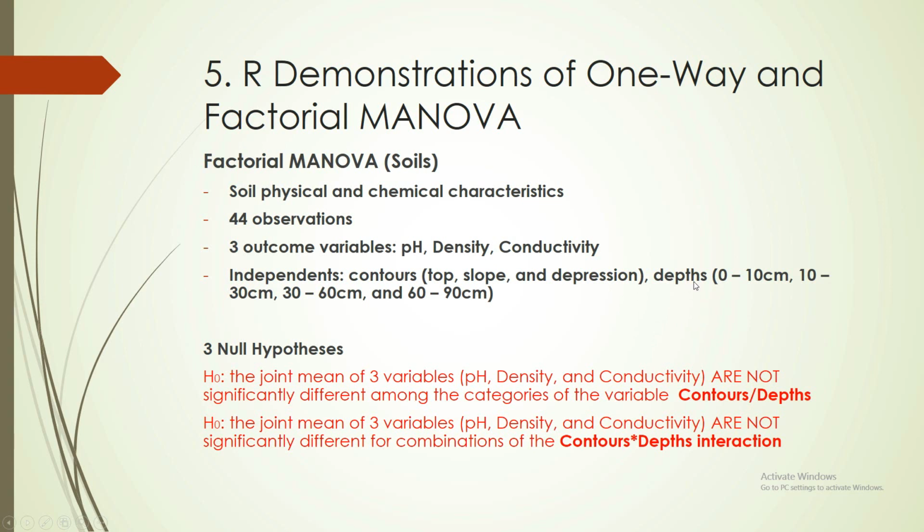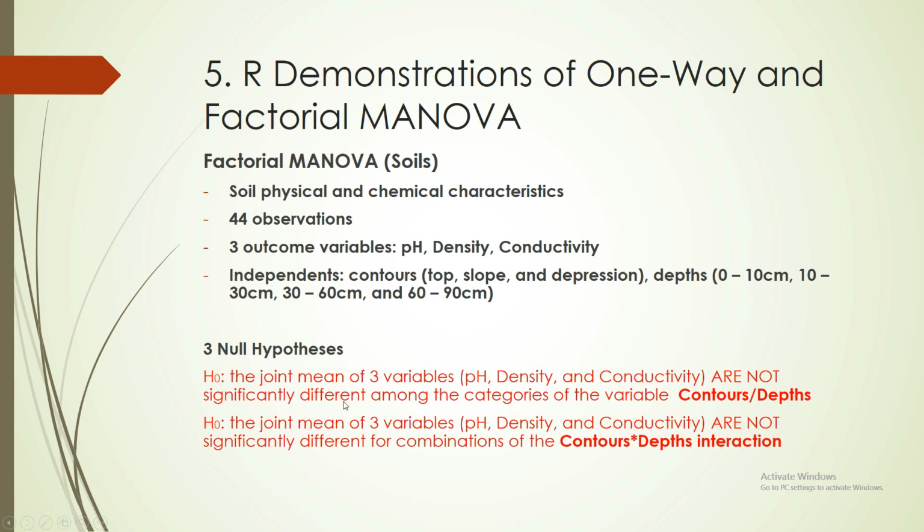For depth, we have the categories 0 to 10 centimeters, 10 to 30 centimeters, 30 to 60 centimeters, and 60 to 90 centimeters. Now, I'm not familiar with soil science, so I don't understand the significance of these categories, but that doesn't interfere with my ability to test whether the joint means of the 3 outcome variables are different between the categories of these 2 variables.